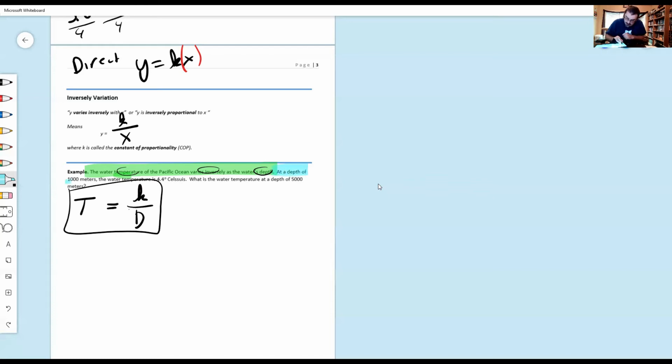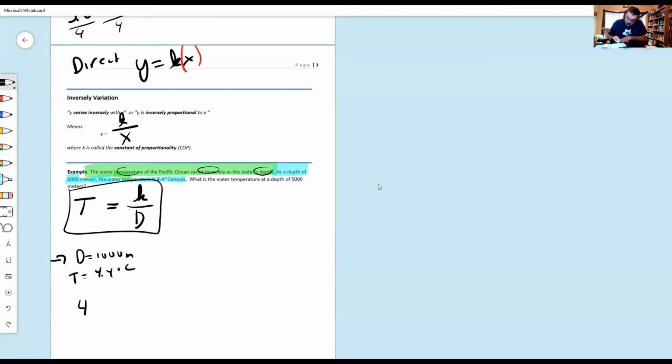So here we are. D is 1,000. T is 4.4 degrees Celsius. Go plug that into our equation.